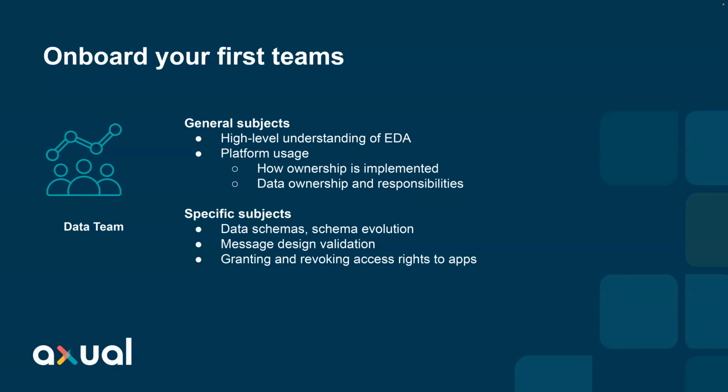And then finally, how to grant and revoke access rights, because typically what a data team can do is to define a topic, to put a schema in place for that particular topic. But then there's a continuous responsibility of a data team to maintain the right set of applications with access in the platform. So if at any point in time an application is supposed to be decommissioned, sometimes they are set to be decommissioned, but they still run somewhere because not all instances were turned off or something like that.